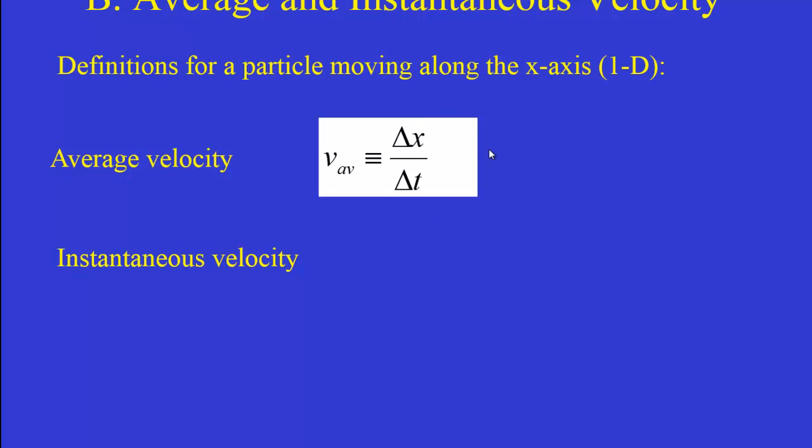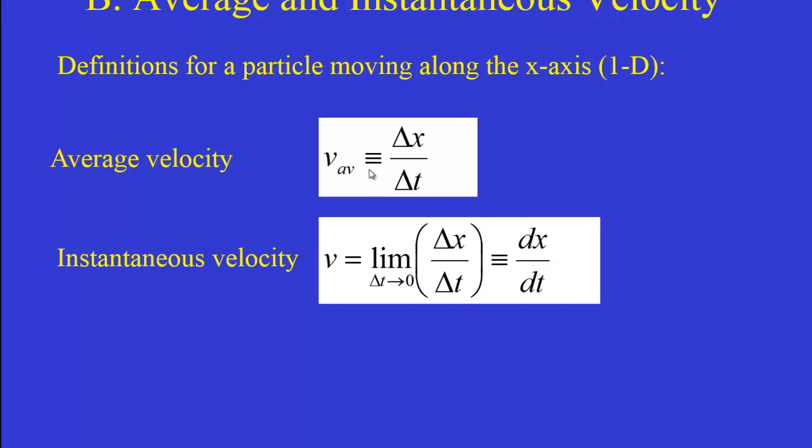But we might want to know instantaneously what its velocity is at one particular point in time. And so the way that's done, and here's where calculus is very handy, is we imagine that we can take that interval of time between the two locations where the object is, and we can make that interval of time very, very small.